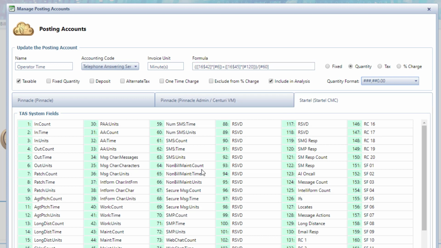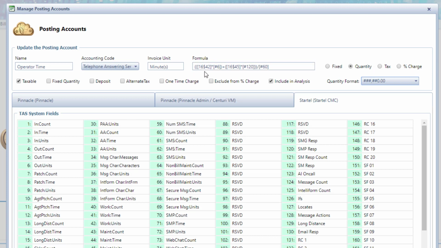And we're looking at field 42 on the StarTel, which is the work units. And we're also looking at field 45, which is maintenance units. Now, maintenance units in my setup are 120 seconds apiece. So I'm basically rounding up to the nearest 6 seconds on my agent work time. I'm rounding up to 2 minutes on my maintenance time.